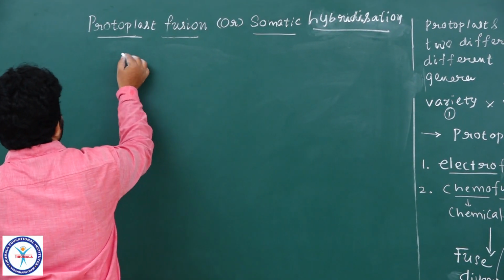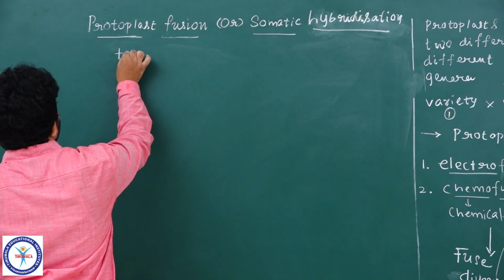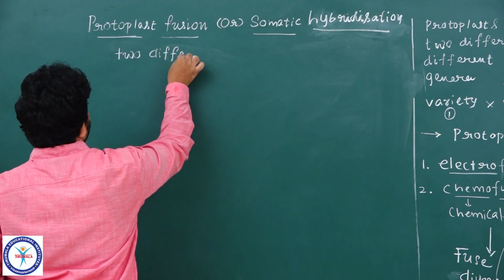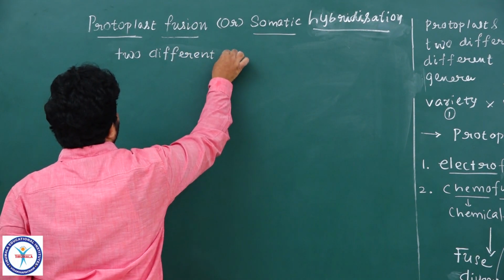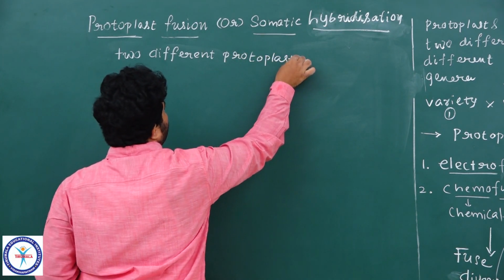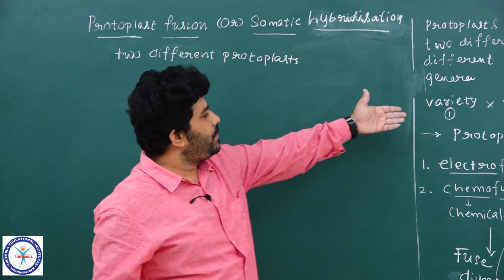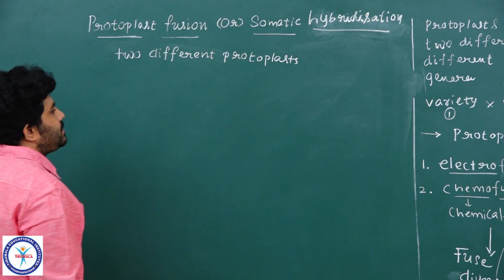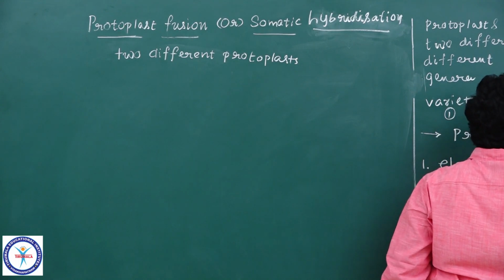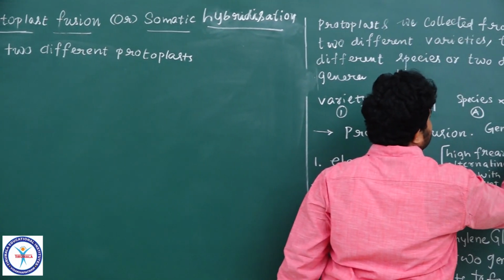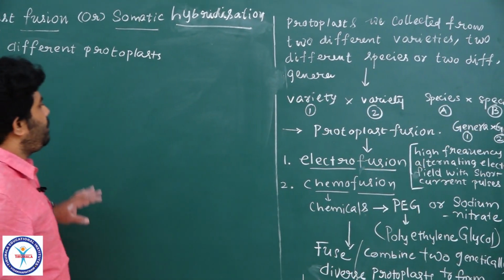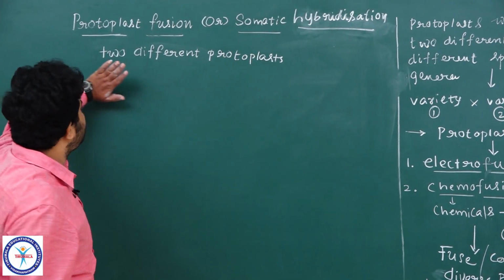Now we are using two different protoplasts, either from two different varieties, two different species, or two different genera, genera 1 and genera 2. Whatever it may be, two different kinds of plants we have chosen to take plant cells from.